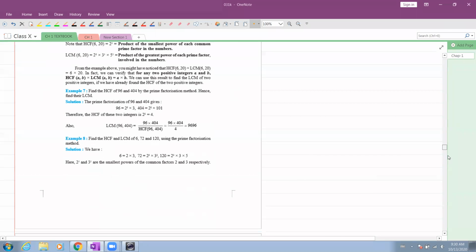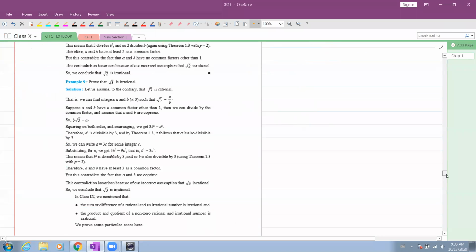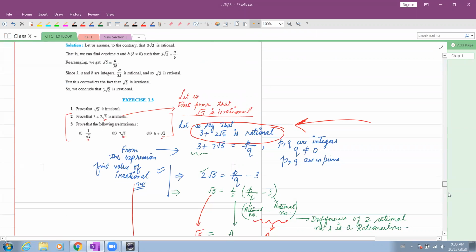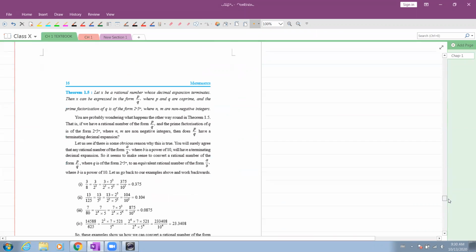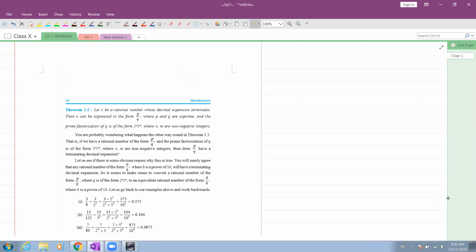So the last exercise is based on few theorems that you have, theorem 1.5, theorem 1.6, and theorem 1.7. I will go over the theorems as such, and I will take a few examples to explain what this actually means.